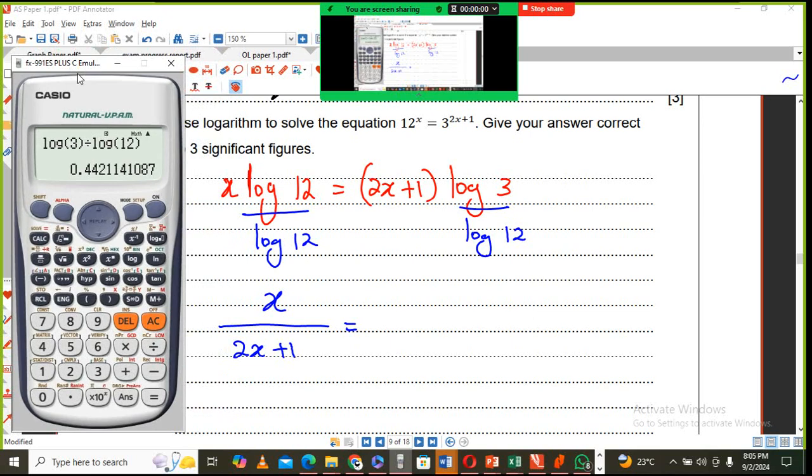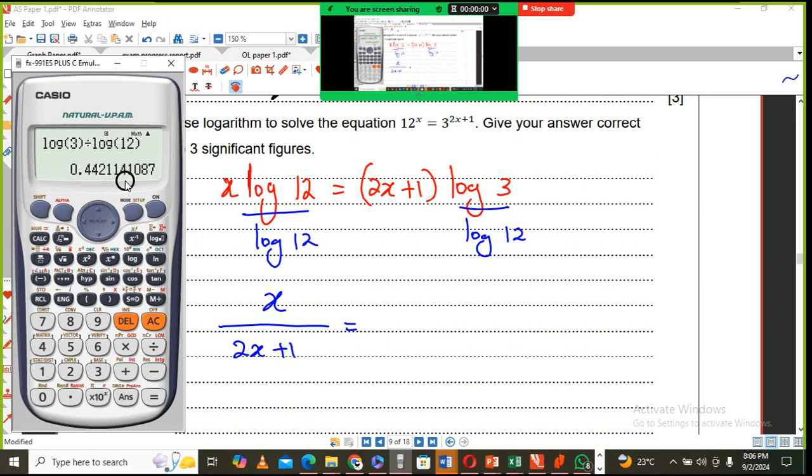Why are you minusing 2? Because we carry the log, it's minus 2 log 3. I'll be using the decimal. This answer is a decimal value, 0.4421. Oh, you are doing step by step.